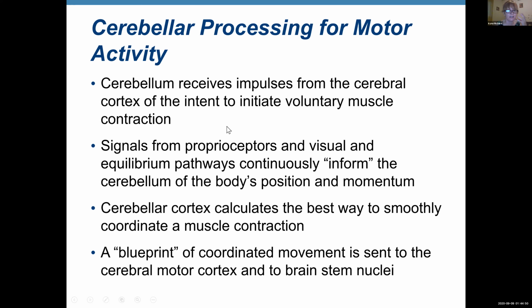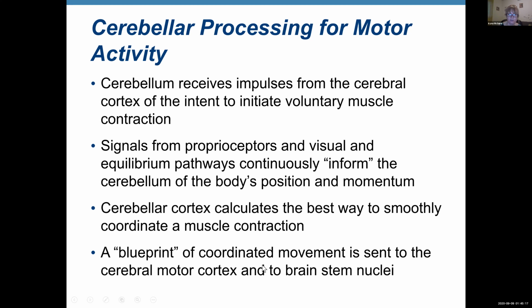But you have an idea, kind of, of what's going on around you. You know where the parts of your body are. That's what proprioception is. You know what's surrounding you, so you can make an informed decision about movement. So the cerebellar cortex calculates the best way to smoothly coordinate a muscle contraction.